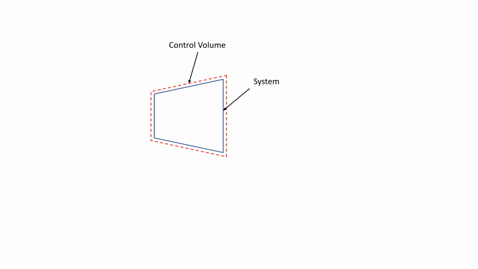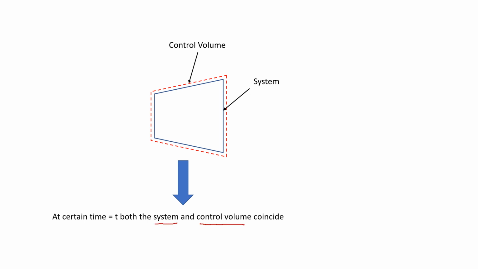So you are seeing that they are both coinciding. The system is within the control volume in this particular case. So if I say that at a certain time t, both the system and the control volume coincide.